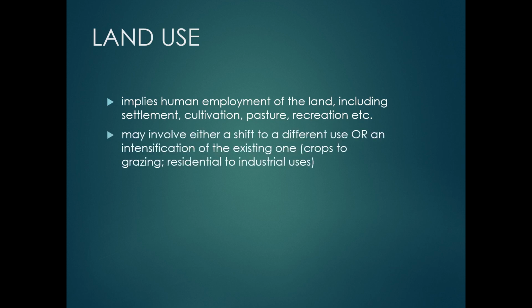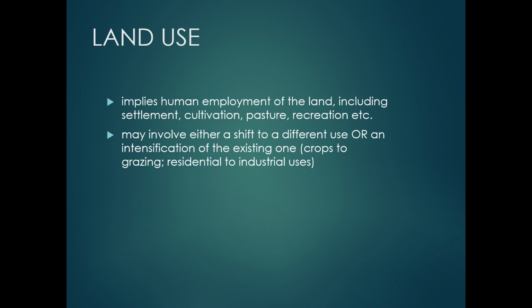Now, when we're talking about change in land use, we could talk about either a change from one use to another use, or we can talk about the intensification of an existing land use. So, for example, if we want to talk about a total shift in land use, we could talk about the change from a residential land use at the edge of a city to an industrial land use.